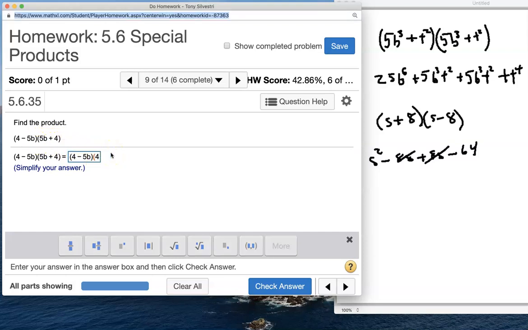I'm going to put the 4 in front of the 5b, and this is a positive 5b. I can move those terms around. So it looks like what we've seen before, where we have exactly the same first terms, exactly the same last terms. One's minus, one's plus, it doesn't matter. I'm going to get 16, 4 squared, minus 25b squared as your answer.